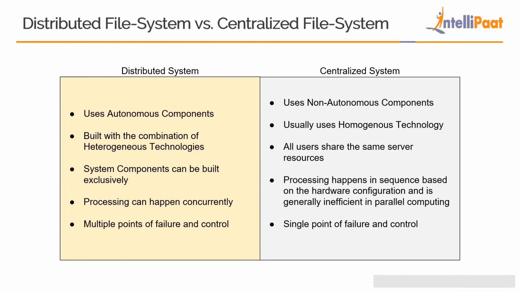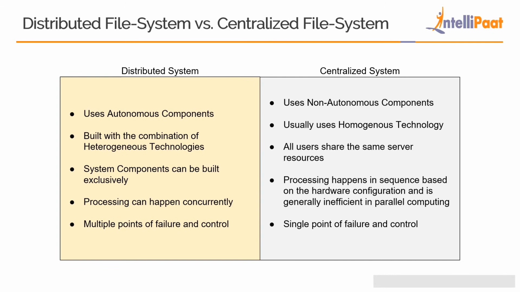In a centralized file system, all of the users trying to access that centralized server have to use the same server resources. In a distributed file system, you have the advantage of dedicating particular system components to particular clients or server requirements.